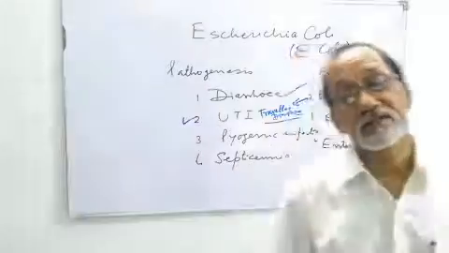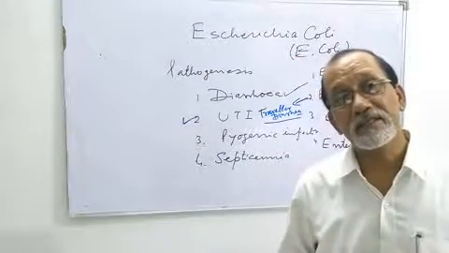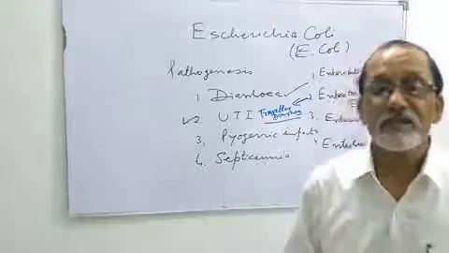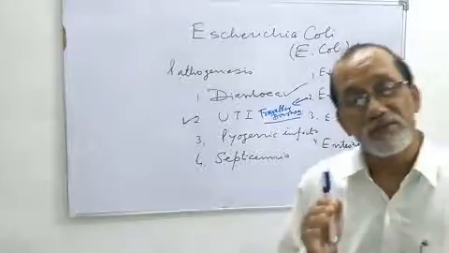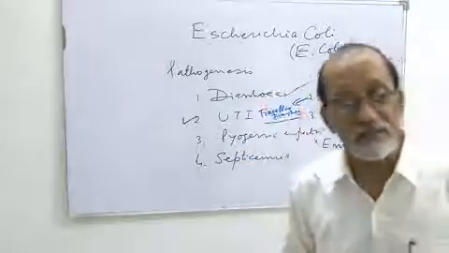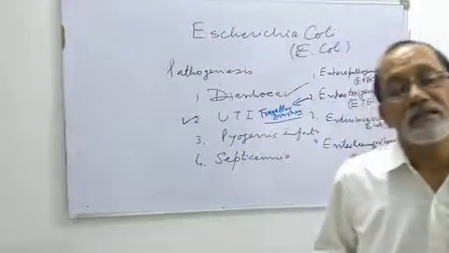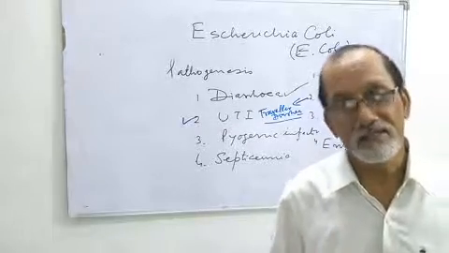And the cause of urinary tract infection, the E. coli is the commonest organism which is responsible for UTI, urinary tract infection. And this UTI occurs more in females than in males.